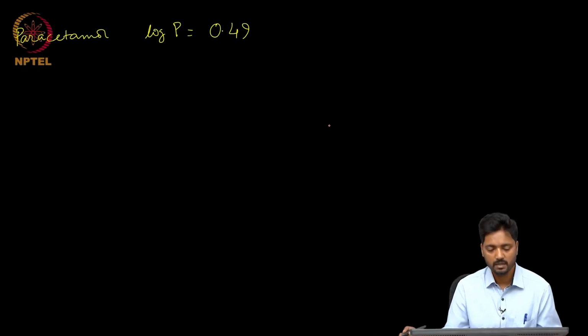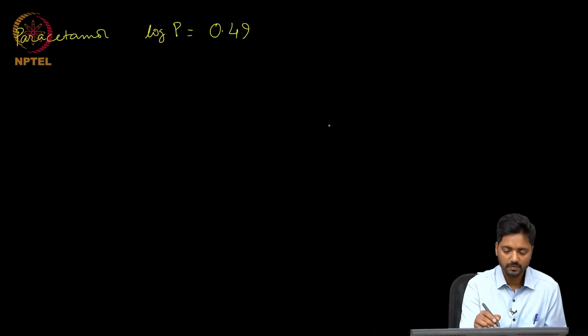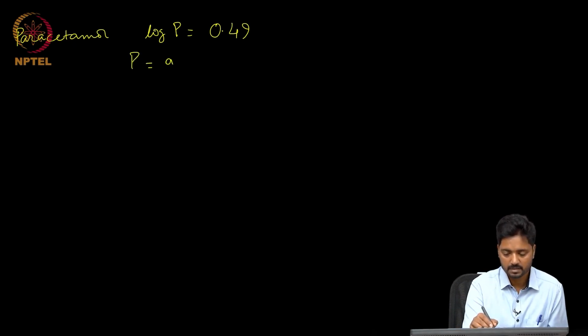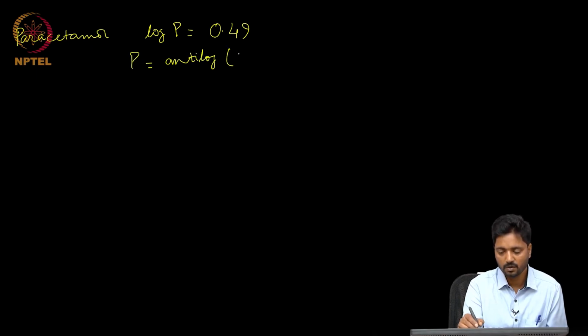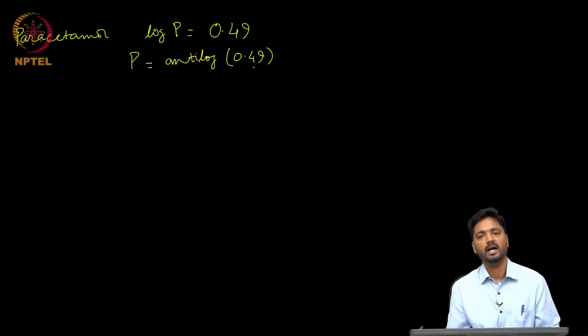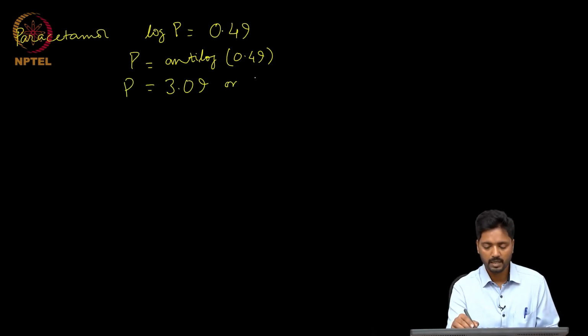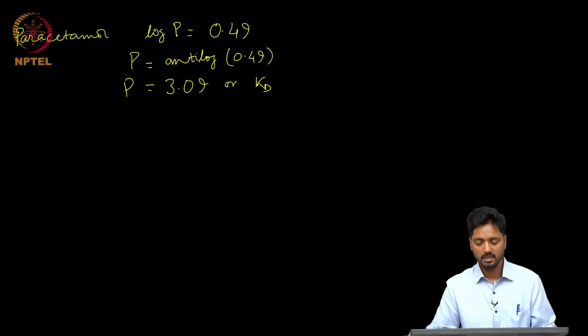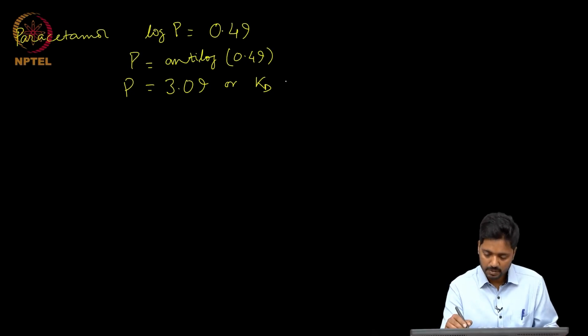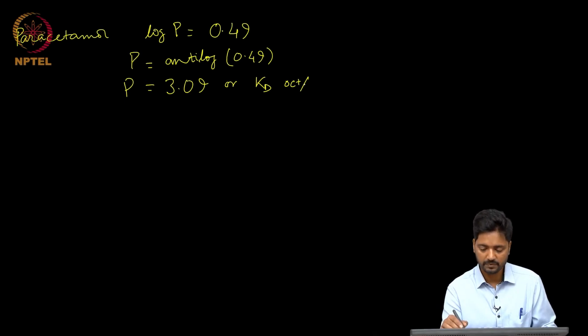So, we are given log p value as 0.49, and from there we can calculate the p value as the anti-log of 0.49, and this turns out to be 3.09 as the p value, or in our parlance this will be the Kd value as per the discussion that we are having, Kd value specifically for the partitioning between octanol and water.